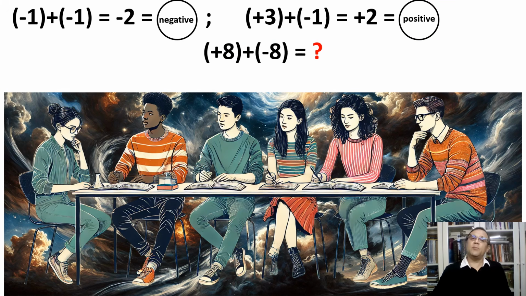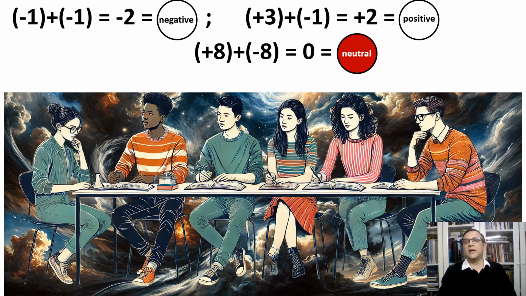If you have 8 positive charges, protons, and 8 negative charges, electrons, what's the total charge? 0. The charges cancel each other out, leaving the atom neutral. So when an atom has an equal number of protons and electrons, it becomes electrically neutral.